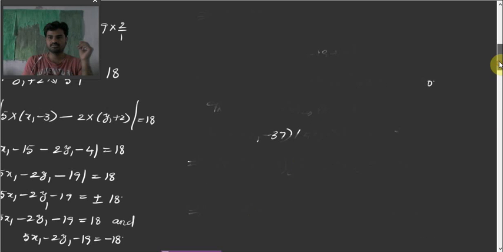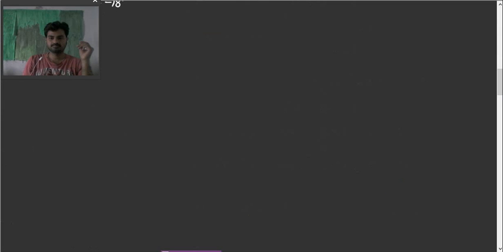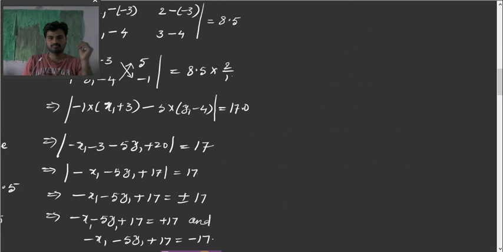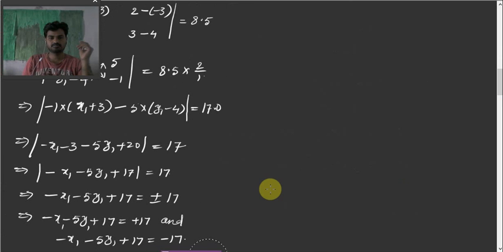So this is the previous problem, and this is our continuation. For the first one, simplifying here, plus 17 and minus 17 cancel.